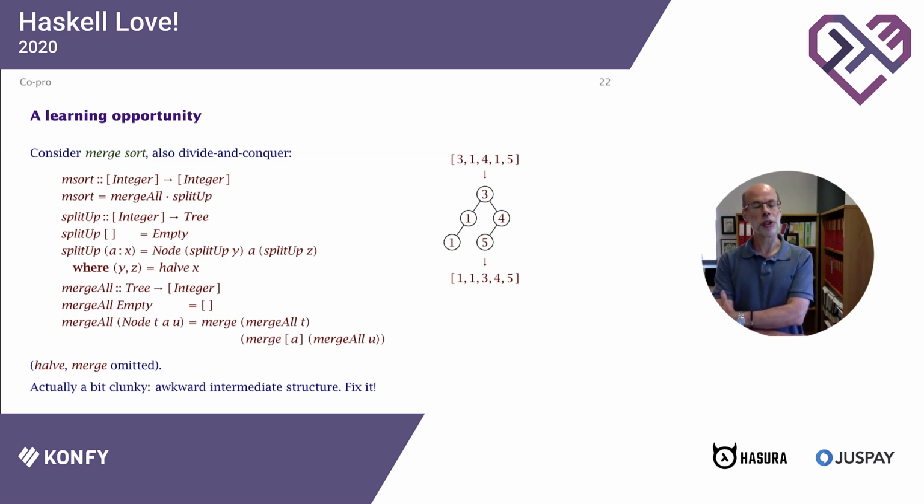If you change the tree structure, you get a different program structure, because data structure determines program structure. And you can pick the tree structure to make a nice program structure. So I think going through that whole exercise is a good learning opportunity for how data structure determines program structure.